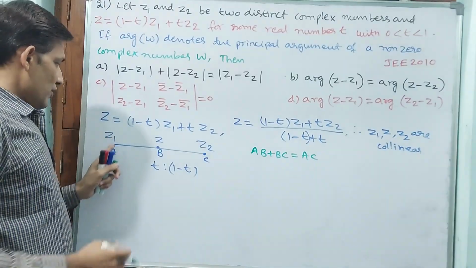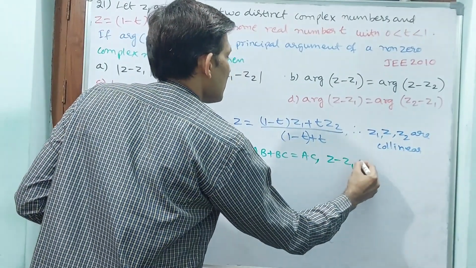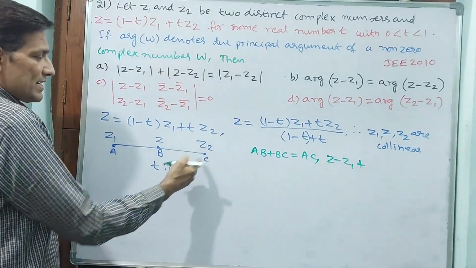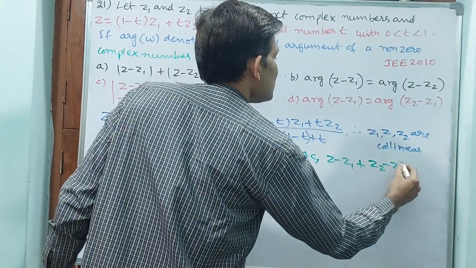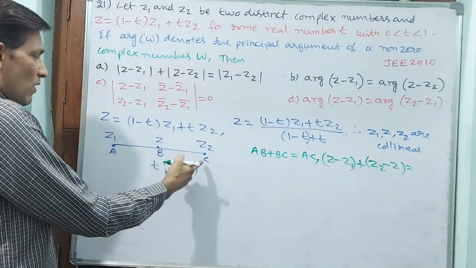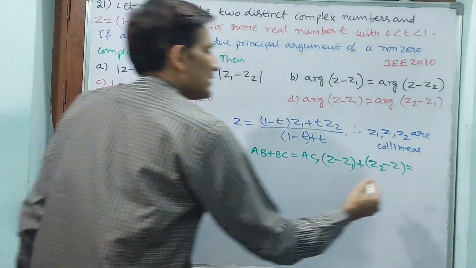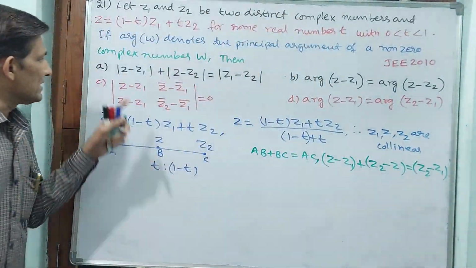What is AB? AB means vector Z minus Z1. Plus what is BC? Z2 minus Z. Is equal to what is AC? AC is Z2 minus Z1. Now go back again here.